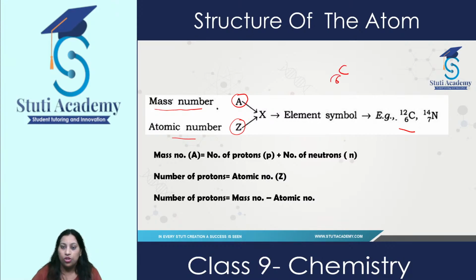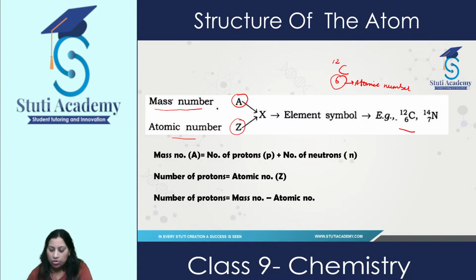So here C, 6. So this represents the atomic number. So whenever we are writing any number just below the element, it represents its atomic number. And when we are writing the mass number, we always write the mass number on the top. So this number shows the mass number.